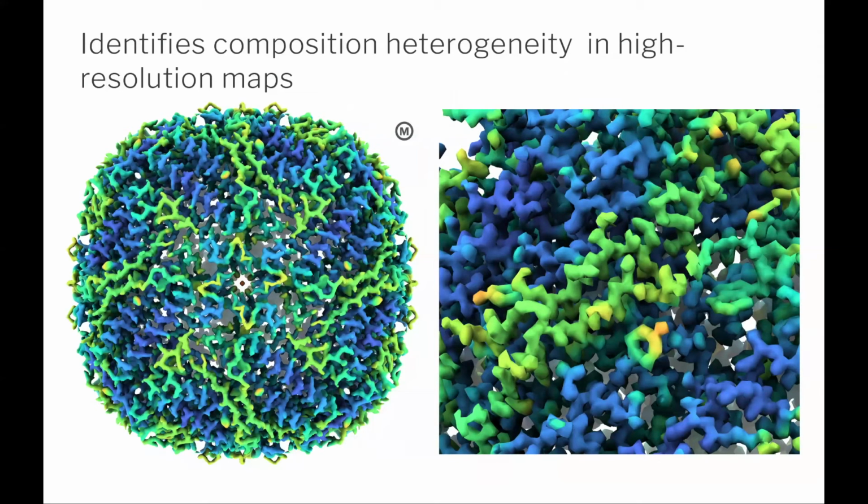For instance, here, the differences in the ordering of surface loops on the apoferritin is reflected by local scale. So we see contrast loss. We don't immediately attribute this to loss of resolution because the resolution is homogeneous, but using this very, very fine-grained tool, we can look at a very few pixels, a very small region, and find good relevance and significance in features that stem from partial ordering.